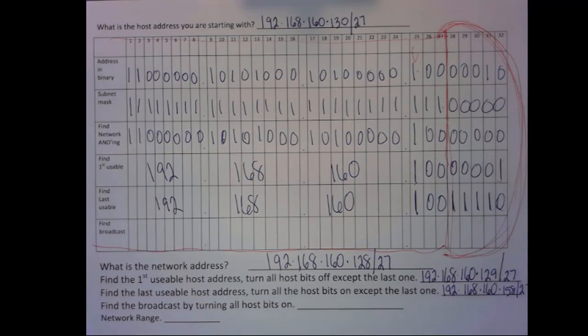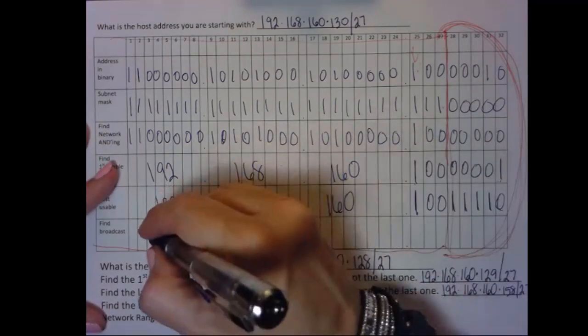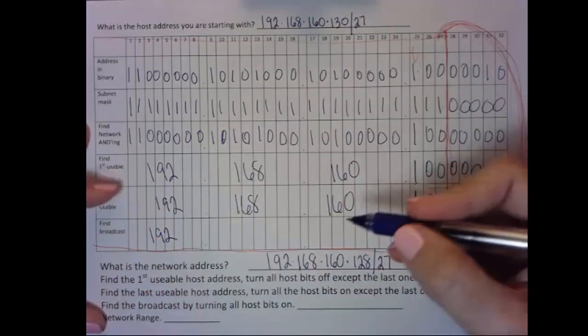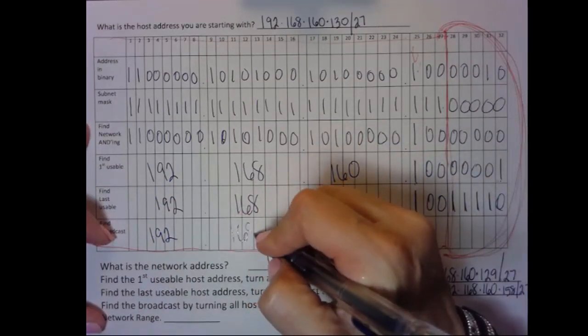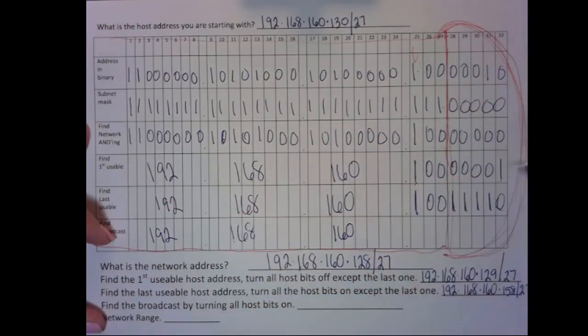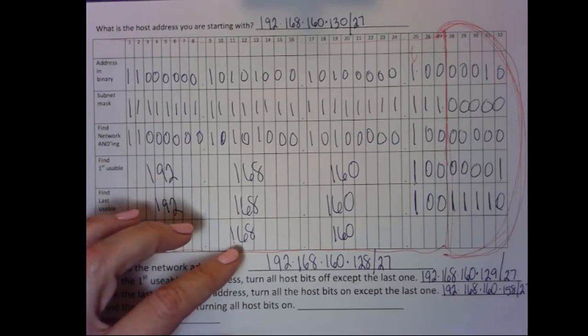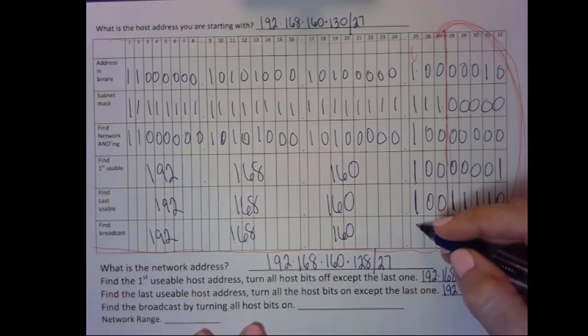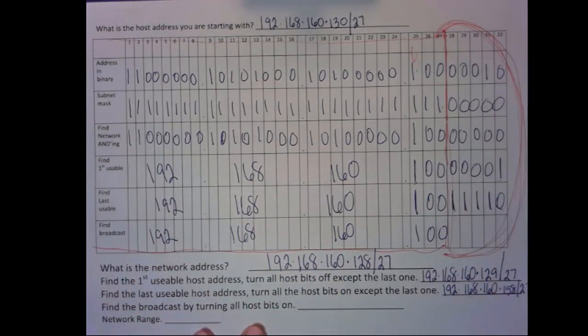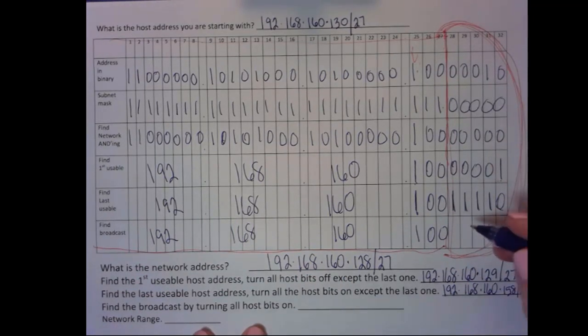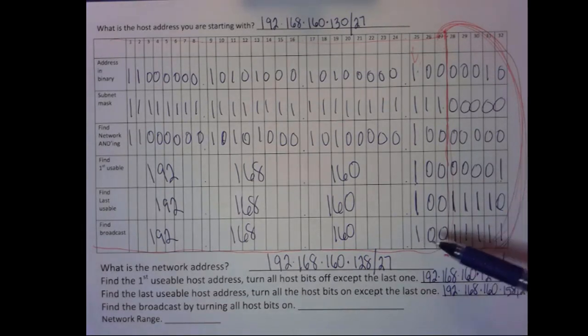Okay, next we want to figure out what our broadcast address is. So we know that the first 3 octets, they're staying the same. Okay, 192, 168, 160. These network bits have to stay the same. The definition of the broadcast is when all of the host bits get turned on. Okay, so I've got 128 plus 31, right?